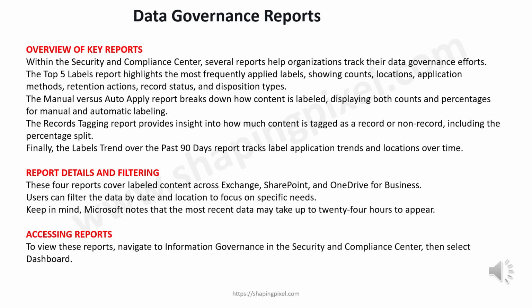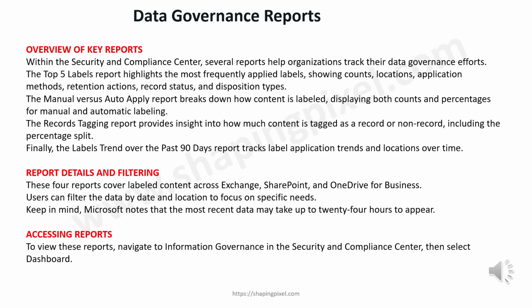manual and automatic labeling. The Records Tagging report provides insight into how much content is tagged as a record or non-record, including the percentage split. Finally, the Labels Trend over the past 90 days report tracks label application trends and locations over time. These 4 reports cover labeled content across Exchange, SharePoint, and OneDrive for Business.